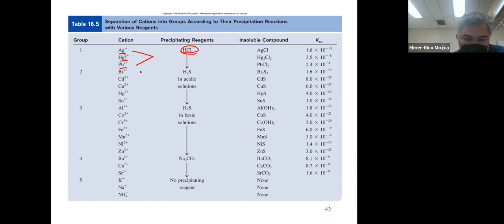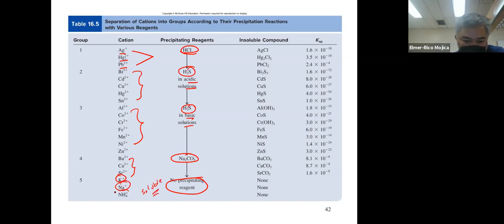And then you have group 2, the sulfides in acidic solution. And then you have the group 3 cations, the sulfides in basic solution. Okay? And then you have the carbonate soluble or insoluble ones. So this is group 2A, barium, calcium, and strontium 2 plus. And the ones that are the soluble ions, you have the K plus, the Na plus, and the ammonium.